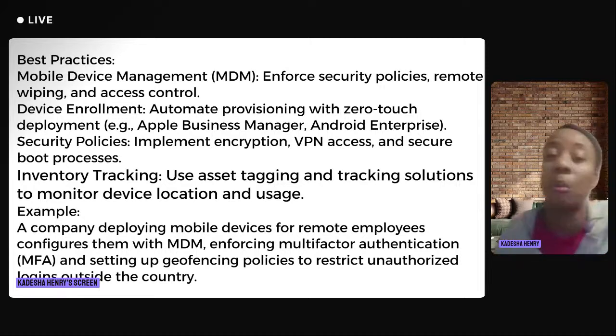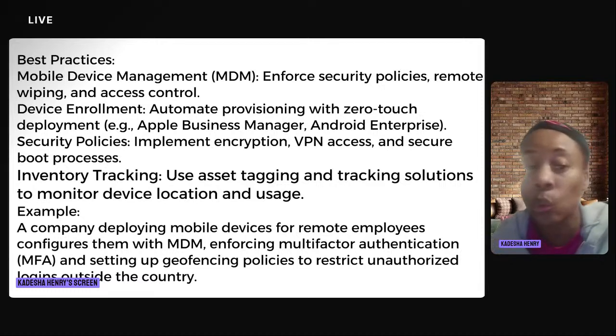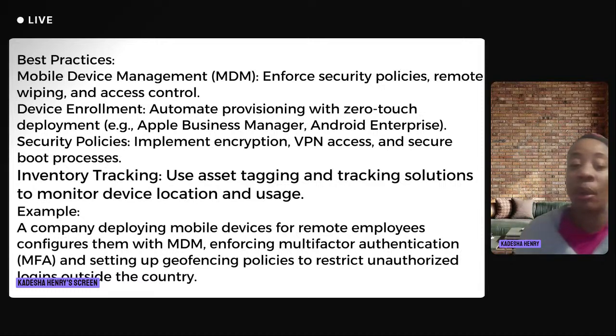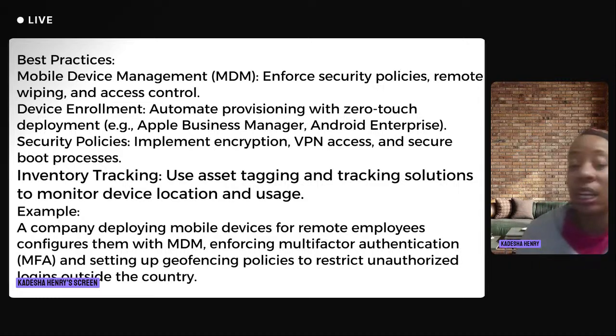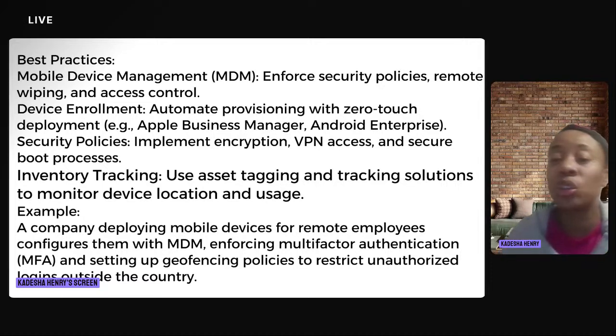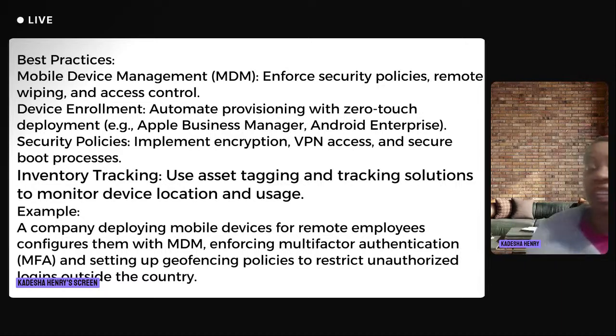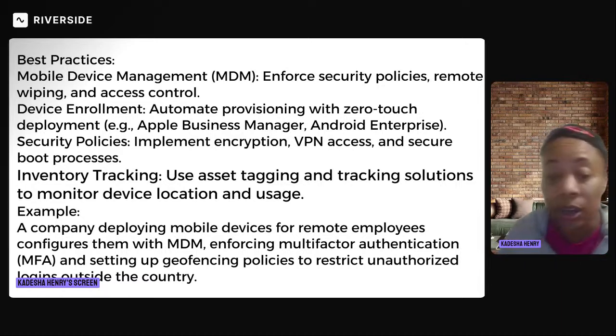And mobile device management enforces security policy, remote wipe, and access control. So if you said you are in the UK and then we realize the device is used in America, then we should be able, if you lose it, to remotely wipe that device out, wipe out the information, and have access control to lock it down.